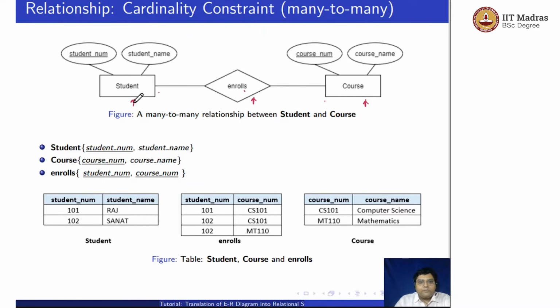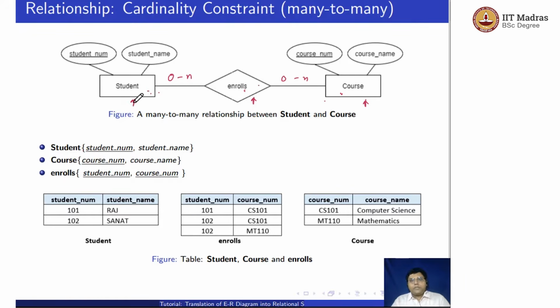So we say a student can enroll for multiple courses, or a course can be opted for by multiple students, right? So we need to remember the cardinality. The minimum is 0, the maximum is n. So that means a student can enroll for 0 to n courses, whereas a course can be opted for by 0 to n students.